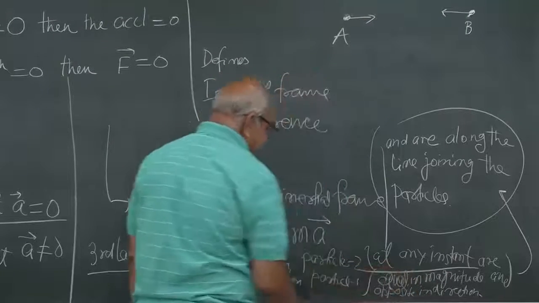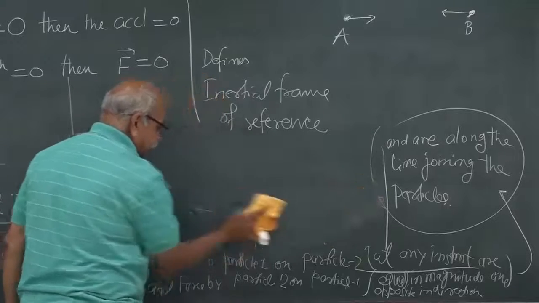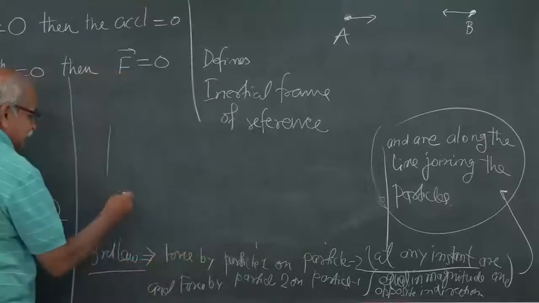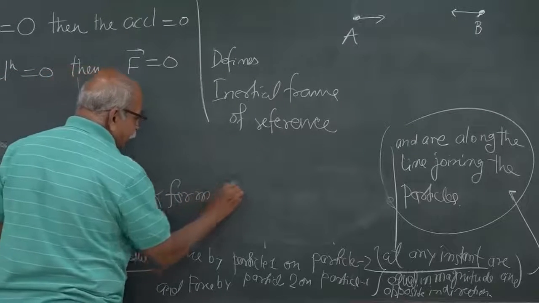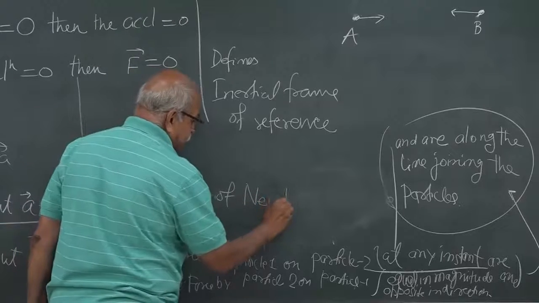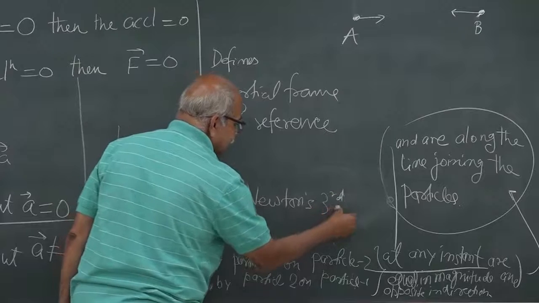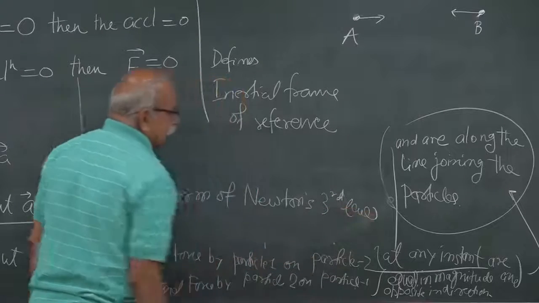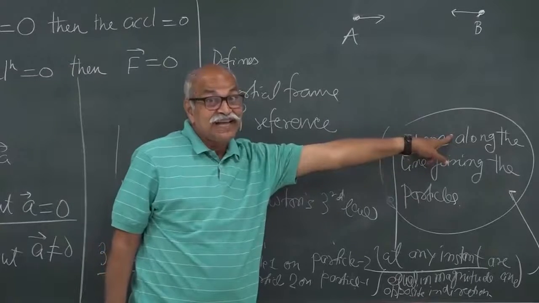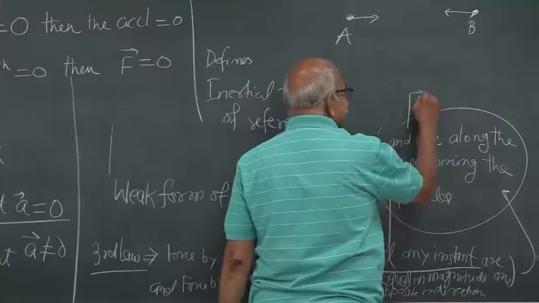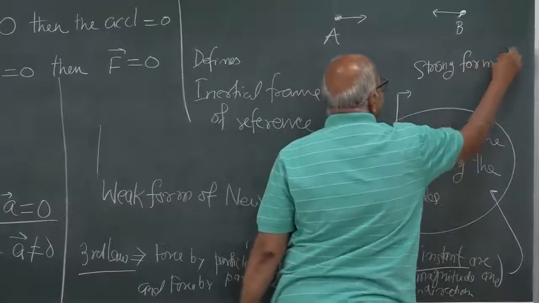If you stop here, this is sometimes called the weak form of Newton's third law. And when you add this also, that the two forces are along the line joining the particles, this is sometimes called the strong form of Newton's third law.